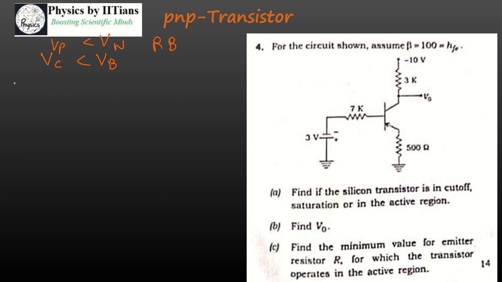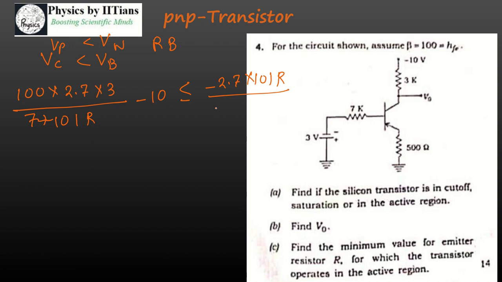So VC we obtained as 100 times 2.7 times 3 over 7 plus 101 R, negative 10, and it should be less than or equal to negative 2.7 times 101 times R over 7 plus 101 R. That was negative 0.7. That was the voltage across the base.